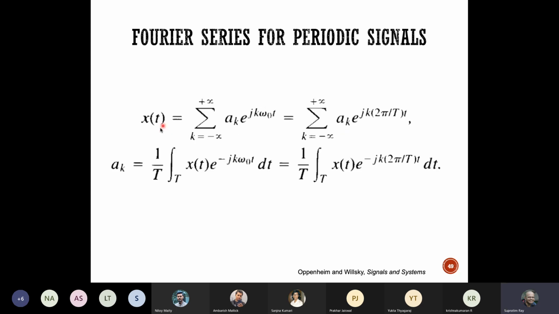Okay, so there is a little bit of complexity here, that if you have the coefficients AKs with you and you say I'm going to sum it up like this, am I going to exactly get back xt, or can it be slightly different? Okay, so this is a more involved topic.